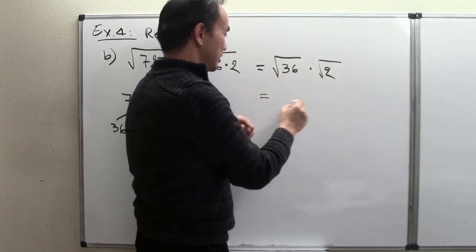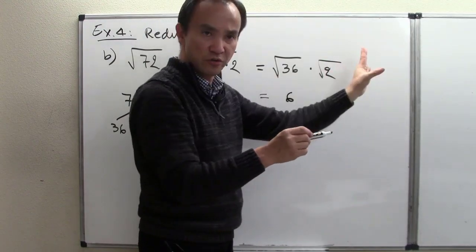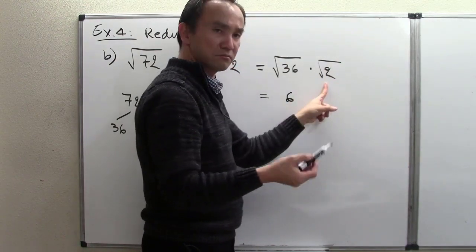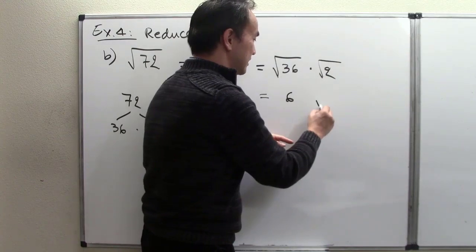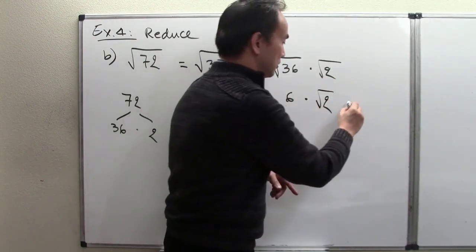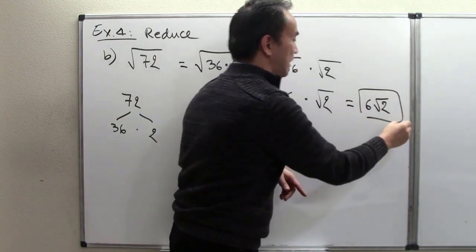The square root of 36 is 6. The square root of 2 is irreducible, unless we go with the decimal value, so I'm leaving that exactly the same way. So it's 6 times the square root of 2 in product, and the better form of writing that is 6 square root 2. That's the final answer for that.